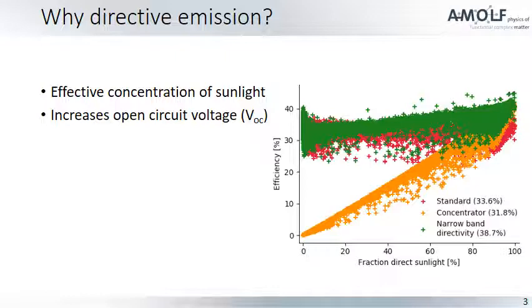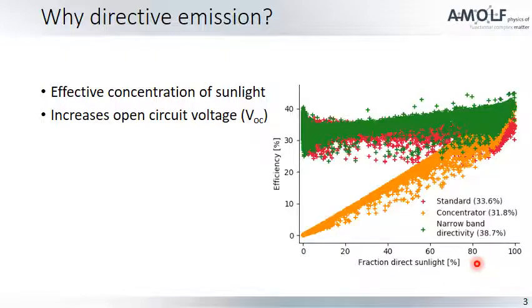These focus the sunlight towards the cell, but you can also see it from the point of view of the cell, that the light emitted by the cell is focused back towards the sun. However, there are some disadvantages, and I want to illustrate that with this figure. Here we simulated the performance of 3 types of solar cells using real solar spectra measured by NREL in Denver.